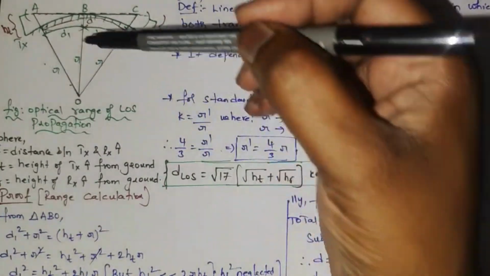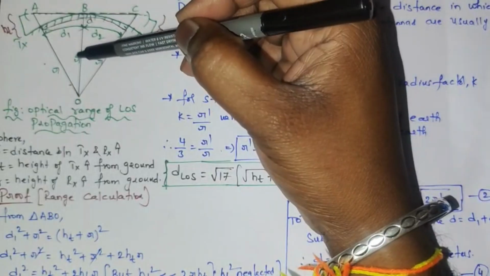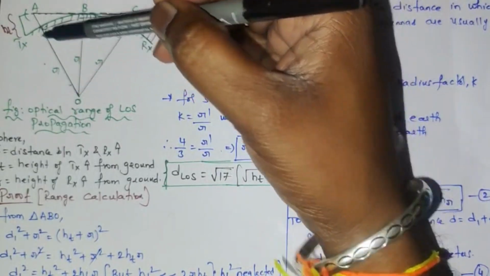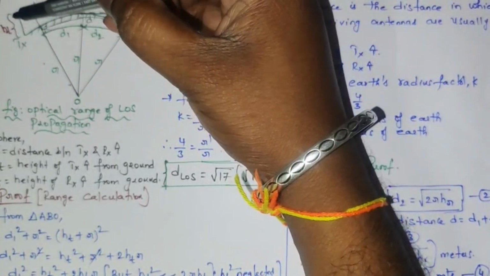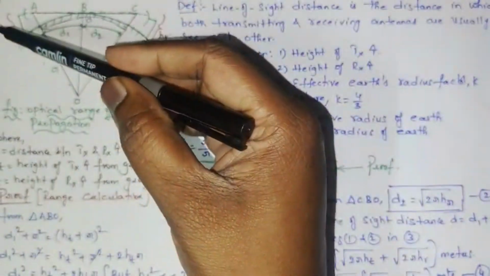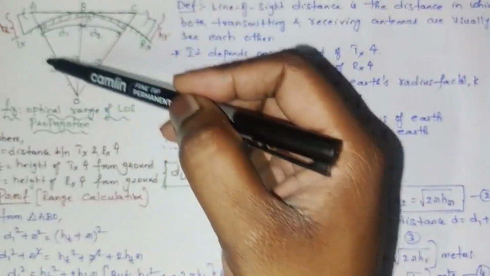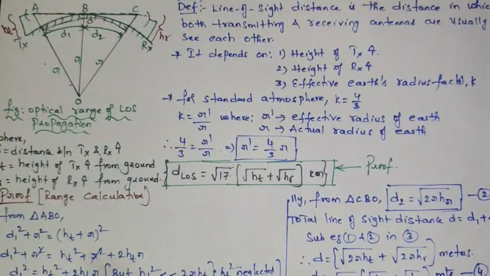So d1 square plus r square is equal to the height of the antenna HT plus r, the distance from the transmitting antenna to O, whole square. So d1 square plus r square is equal to HT plus r whole square.